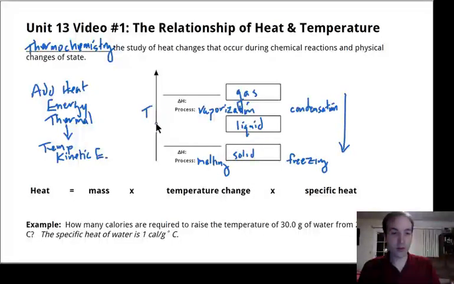In terms of what we added to this today during lecture was the idea that the process of melting includes breaking those intermolecular forces that are holding the solid together, and we can refer to that as the heat of fusion. And we know that the process of breaking the intermolecular attractions that are present in a liquid, turning into a gas, is known as the heat of vaporization.